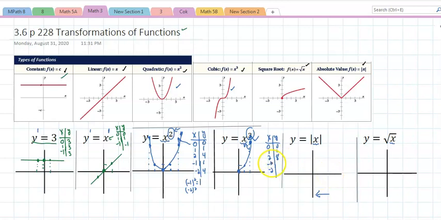Now, if I pick a negative 1, negative 1 cubed is negative 1. And negative 2 cubed is negative 8. Negative 2, negative 8.